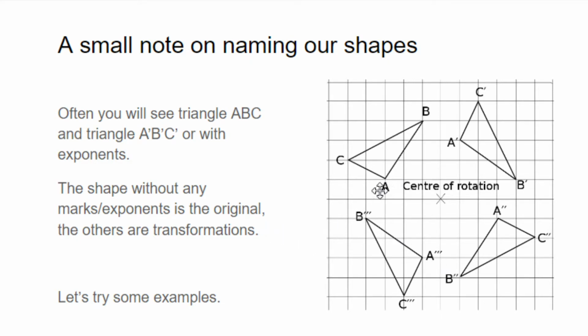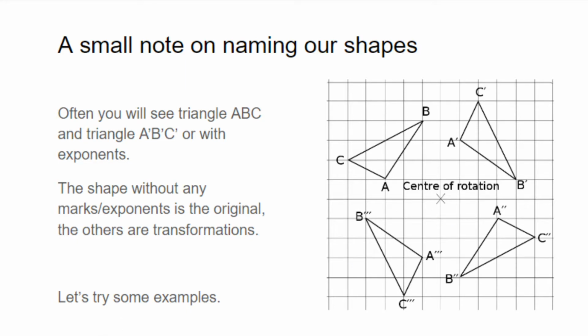So the shape without any of those is the original, and then the ones coming after that are rotations or transformations. In this case, they're rotations, but they could be any transformation. So it's a naming convention that helps show that this shape, A prime, B prime, C prime, is the same shape as ABC, but in a different orientation, or after it's been transformed somehow.